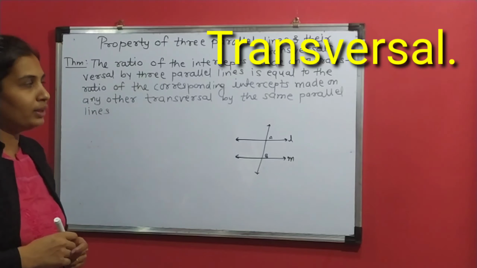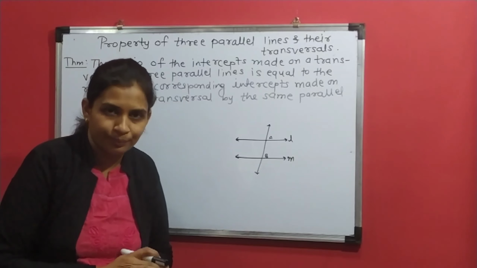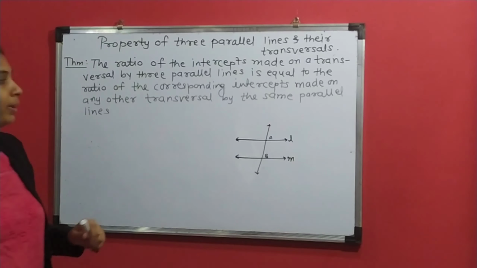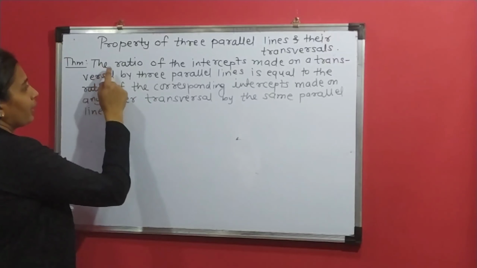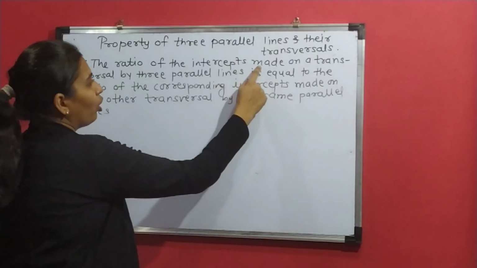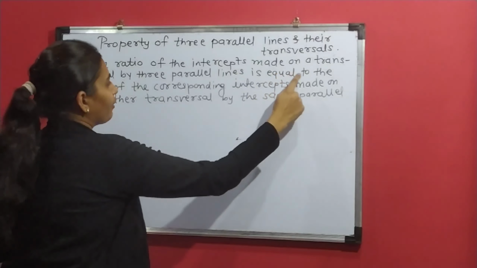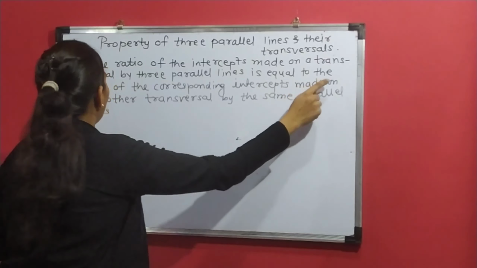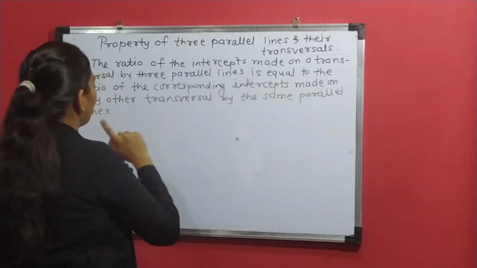Now these are the concepts which we have studied till 9th standard. Now this property tells us that the ratio of the intercepts made on a transversal by three parallel lines is equal to the ratio of the corresponding intercepts made on any other transversal by the same parallel lines.